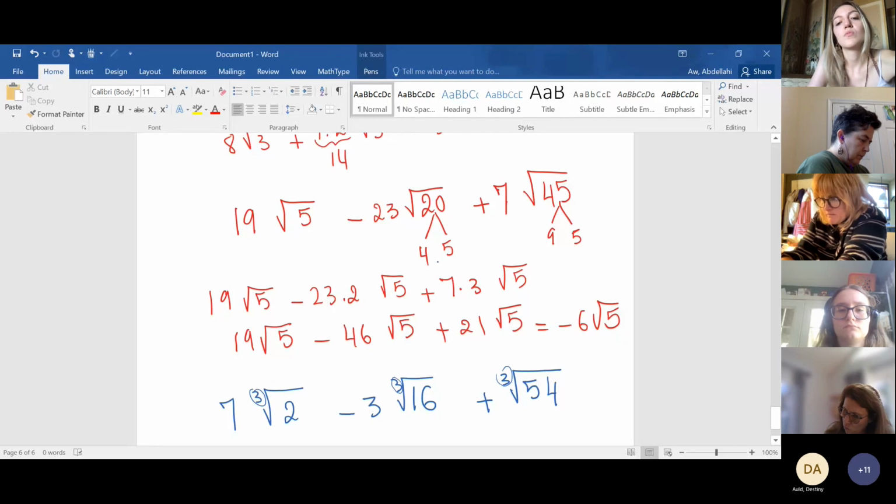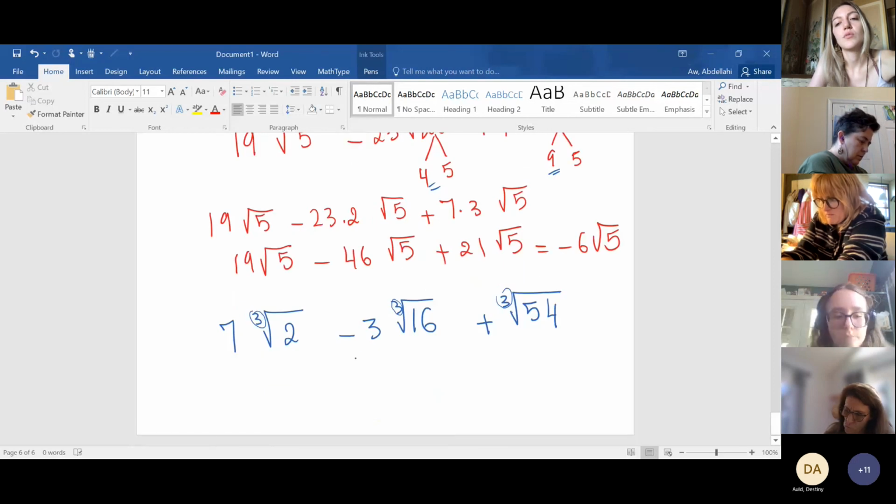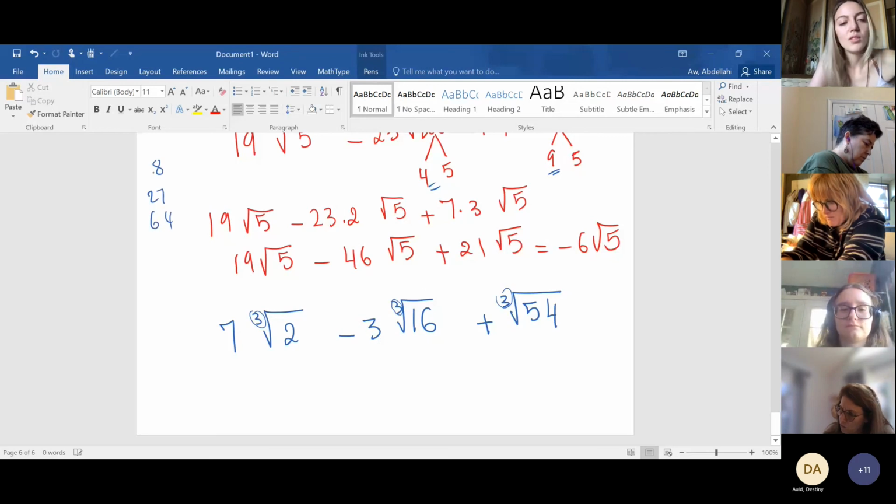And then it's all about having a perfect square, like 4, like 9. But here, it is a cube root, so it's all about having a perfect cube. Numbers like 8, 27, 64. These are the perfect cubes, right?